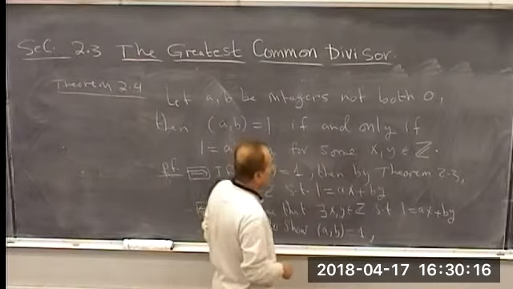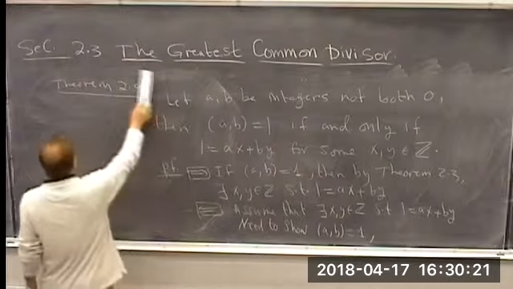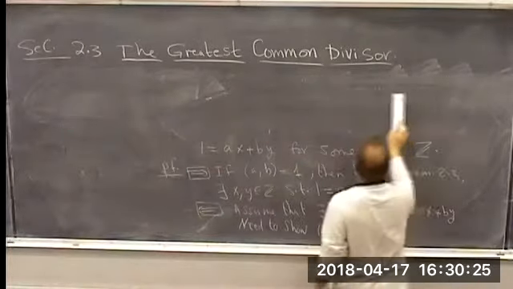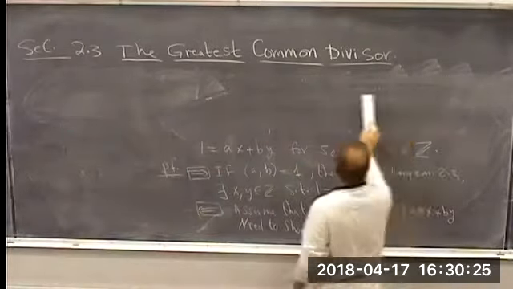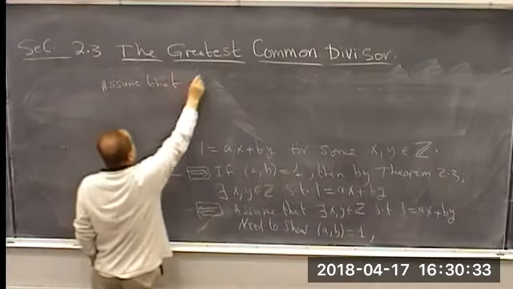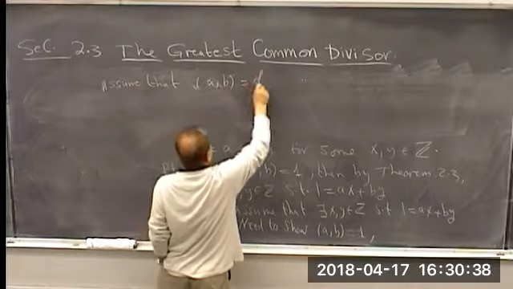Well, let's assume it is equal to D, all right? And we'll see what the D must equal. So let's assume that the greatest common divisor of A, B is equal to D.